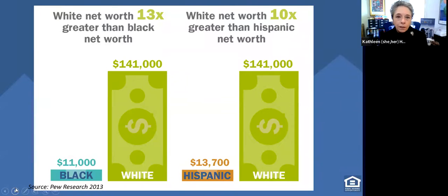Essentially white net worth is 13 times that of Black net worth, and 10 times greater than Hispanic net worth. And the reason for that is that Hispanic, Latinx folks, and Black people have a history of being shut out of owning assets, both businesses and homes.